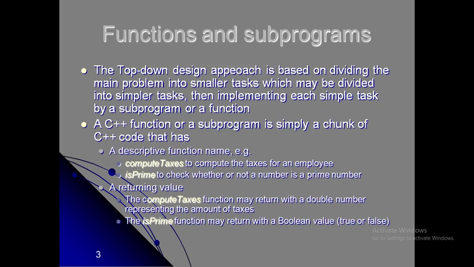Reusability. The second one is reusability. A few lines of code may be repeatedly used in different contexts. For some purpose, we may use a few lines of code repeatedly in a particular program. So duplication of the same code can be eliminated by using a function.